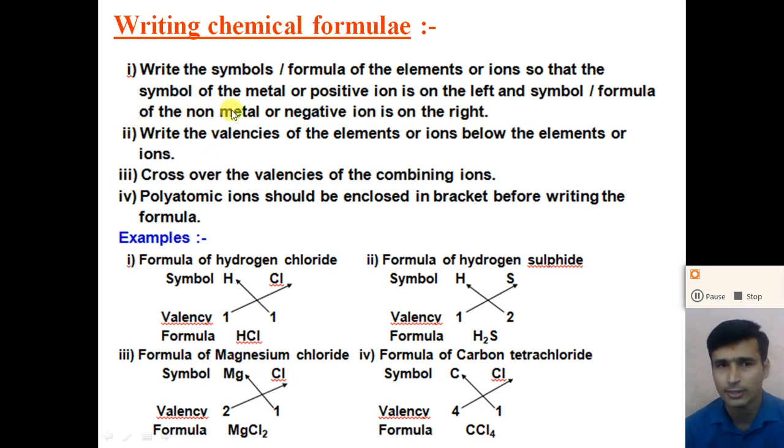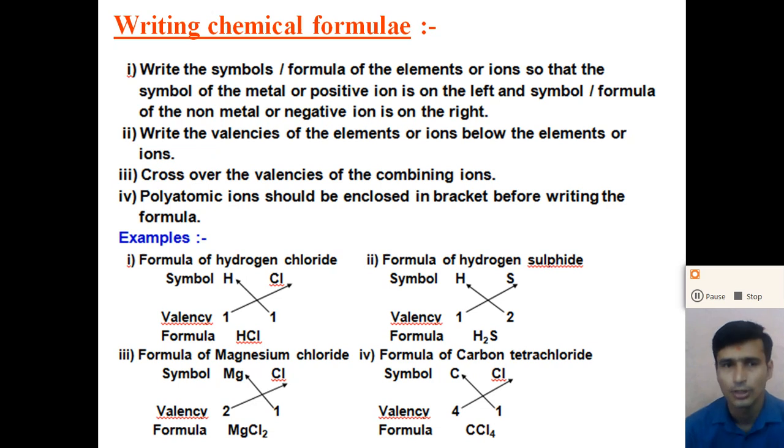What is the first step? The first step is to write the symbol or formula of the element or ion. Write the symbol of the ions, such that the positive ion is on the left side and the negative ion is on the right side. The second step is to write the combining capacity, that is called the valency, of the element below the element or ion.